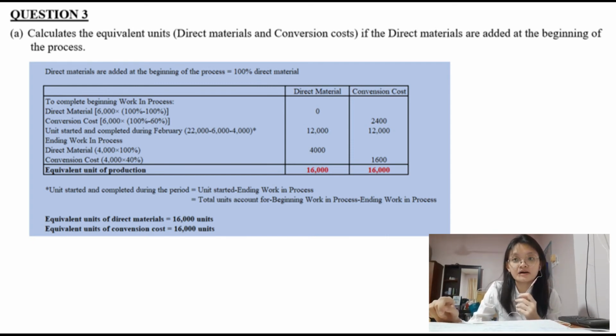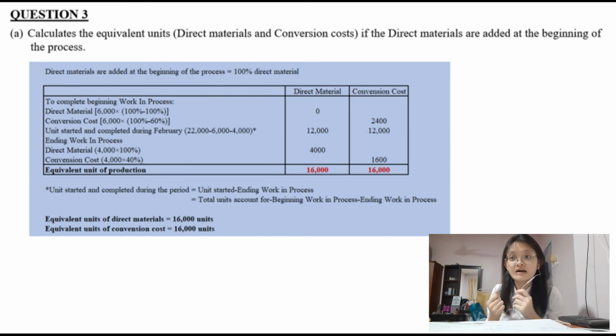So we will prepare a table to calculate our equivalent units of production. Inside the table, we need to calculate 3 things. The first is the beginning work in process for the direct material and the conversion cost. And the second is the unit started and completed during the period. And the third one is ending work in process of direct material and the conversion cost.